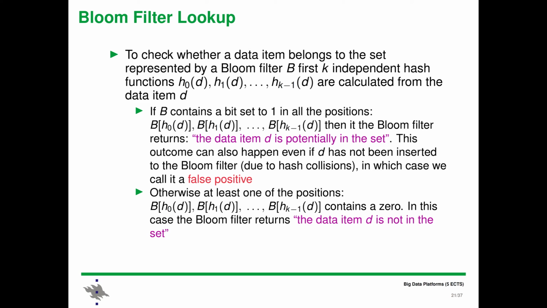If we use too many hash functions, then adding each element will flip more and more bits from 0 to 1. So if you use too many hash functions, then your Bloom filter will fill up quicker.